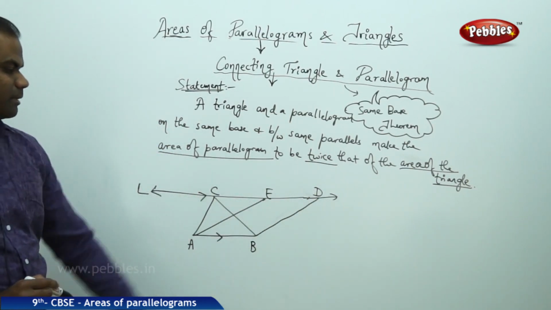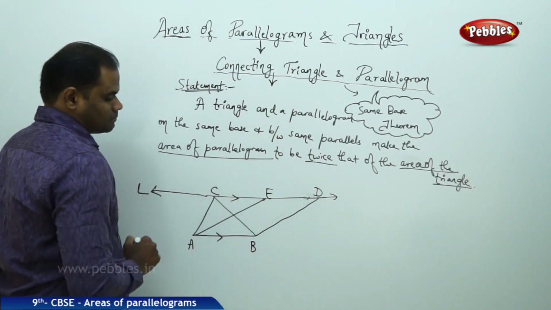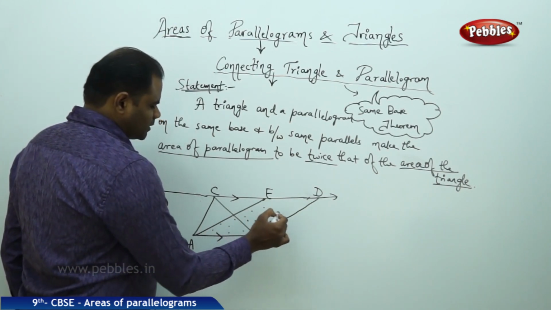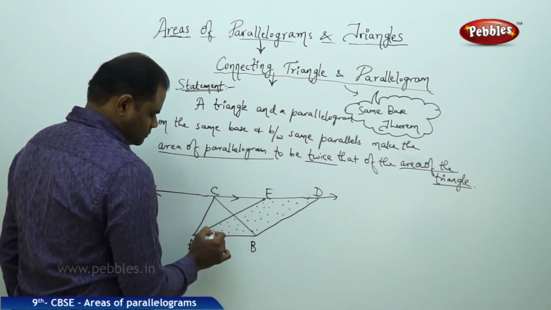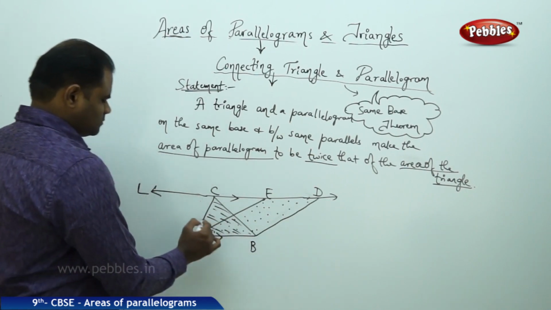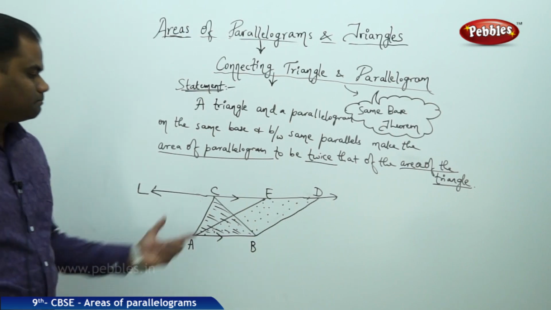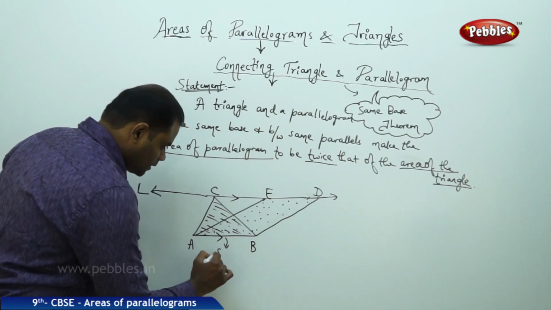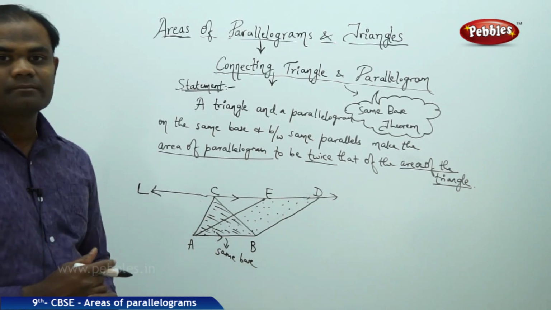So I have a triangle and a parallelogram between the same parallels and the same base. So here is the parallelogram. And here is the triangle. Is how we understand a triangle and a parallelogram on the same base AB and between the parallels L and AB.